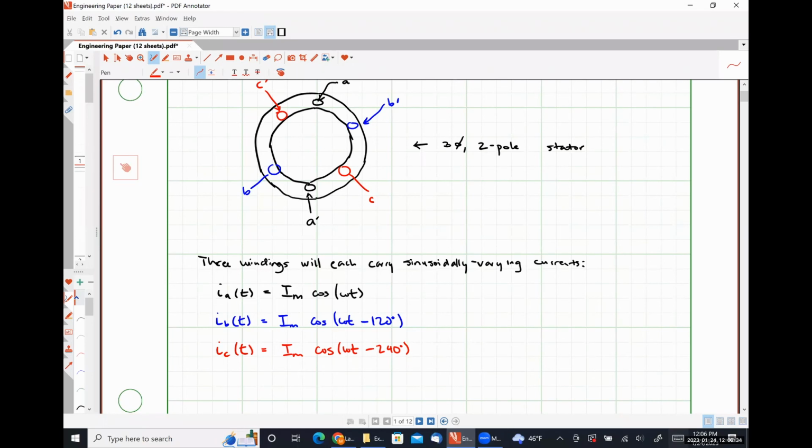Okay. All right. So what I'm going to try to do here is make a plot of these three currents as a function of time.